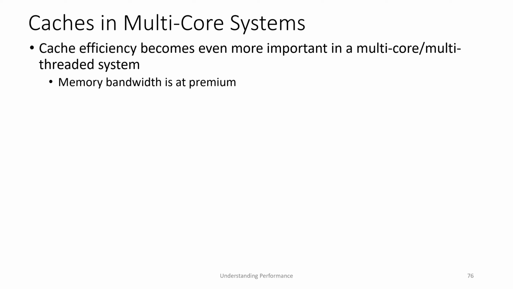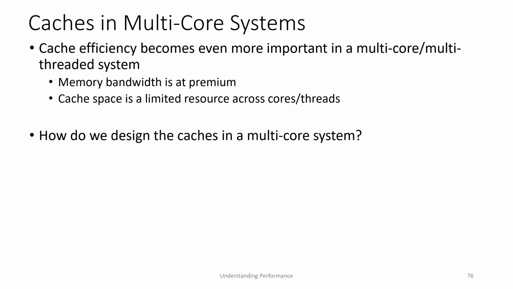So how is it able to handle that? How do we schedule these requests from different cores? Do we treat them equally, or do we take them based on age, or is there some other criticality? Now, cache space is limited, so accordingly bandwidth is limited. How do we manage, and how do we design caches in a multi-core system?